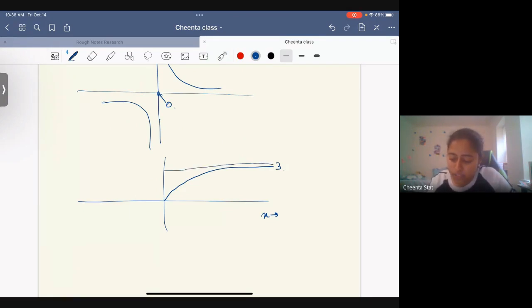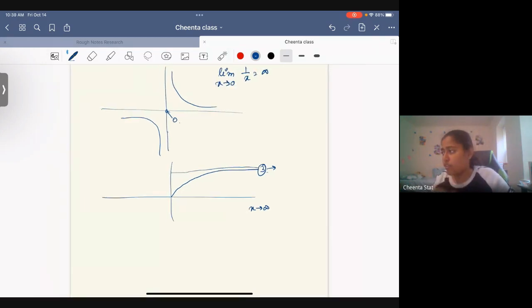So we don't know the exact value of x at which the function will take a value of 3. But whenever x is really large, we can assume that this function is taking a value of 3. So these things are called limit.